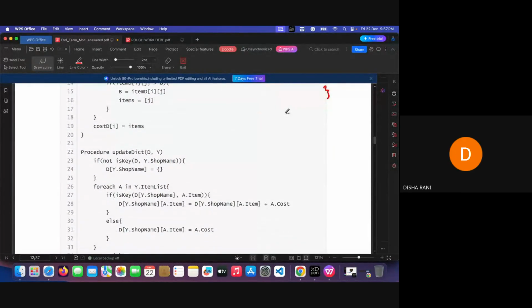So now, after the empty dictionary is created, each item in the list of the card we are extracting. The key of the shop name, Big Bazaar, is already created. Does it have the item or not? Right now no items are there, so this if condition doesn't work for the first item.